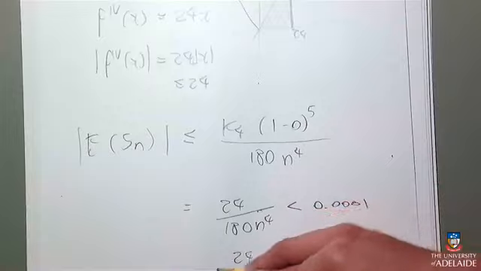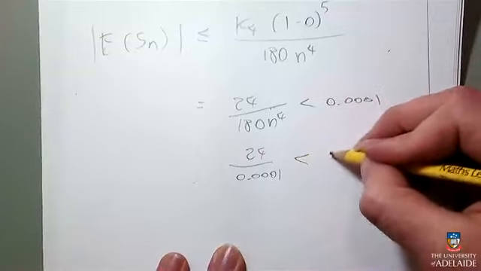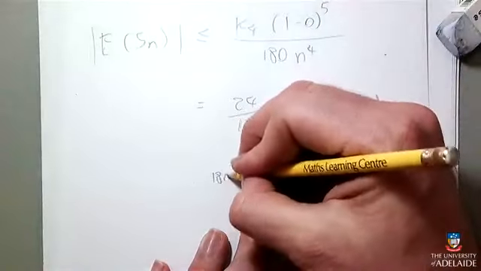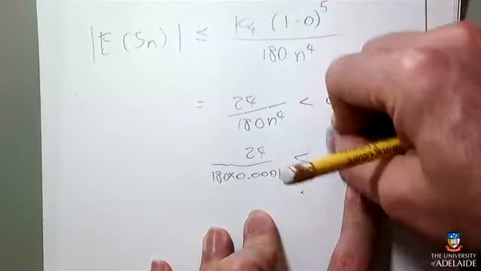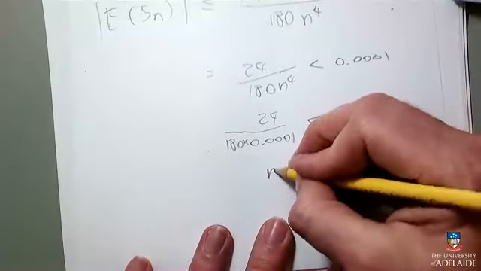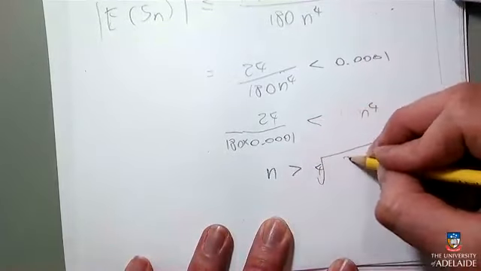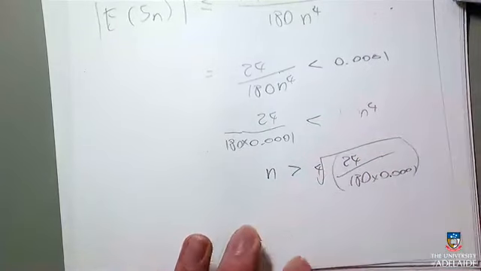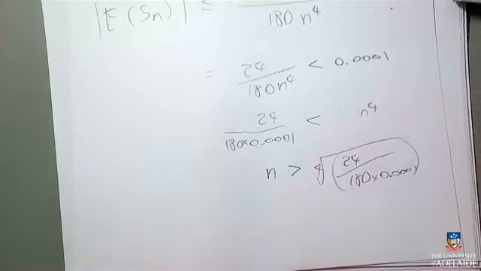Sorry guys. Oh, I could have left the 180 down there, couldn't I? And so n has to be greater than the fourth root of that: 24 divided by 180, to the power of a quarter.